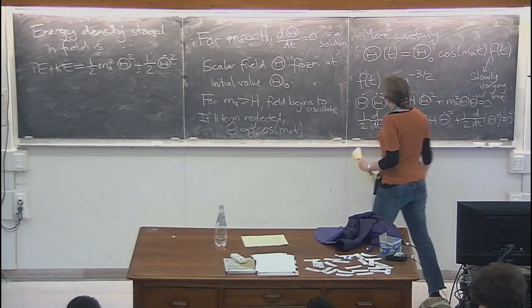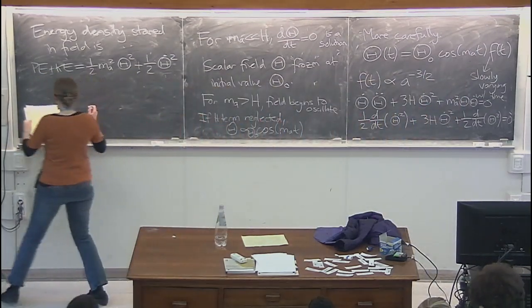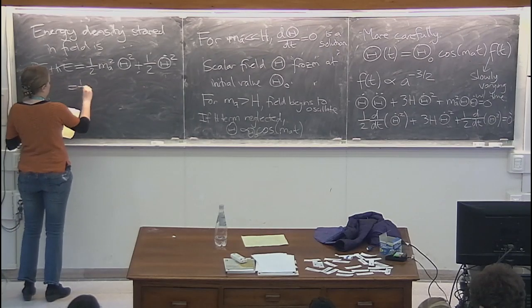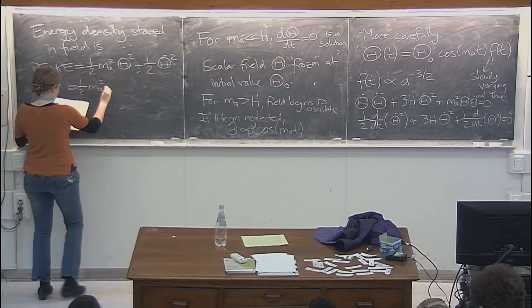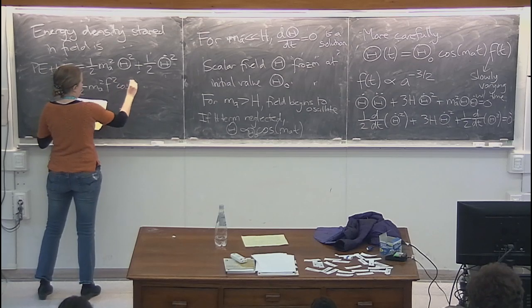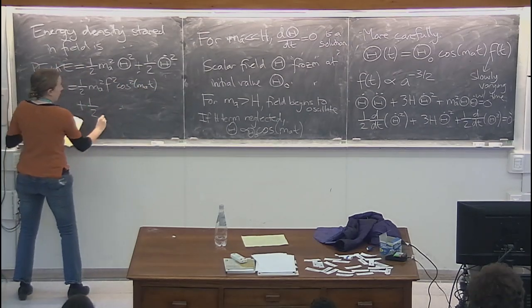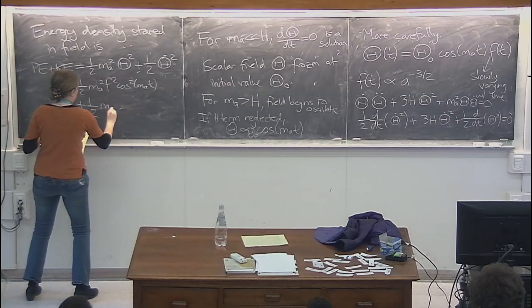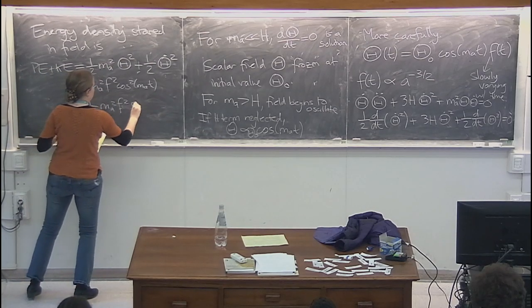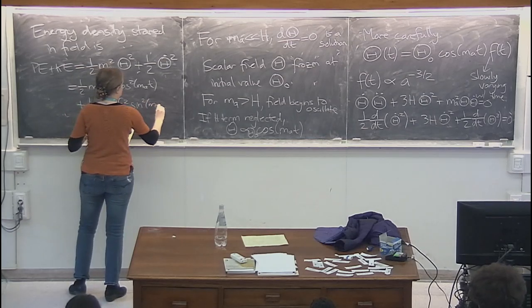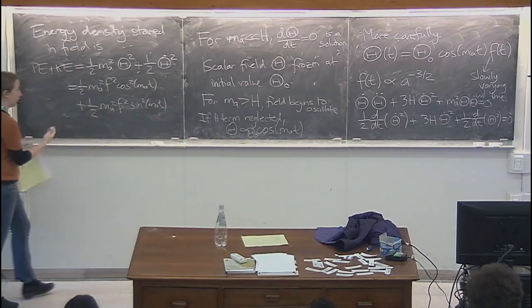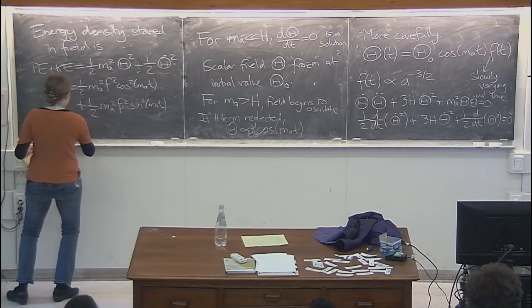This first term is going to give us a cos squared term. The second term, since it's a time derivative of this, is going to give us a sine squared term. So even though the field itself may be sloshing back and forward in this potential very rapidly, the total energy stored in the field is only evolving slowly with time.